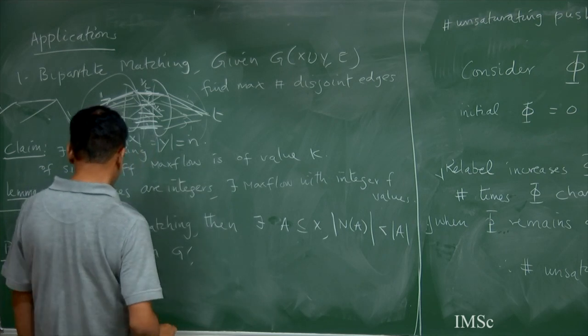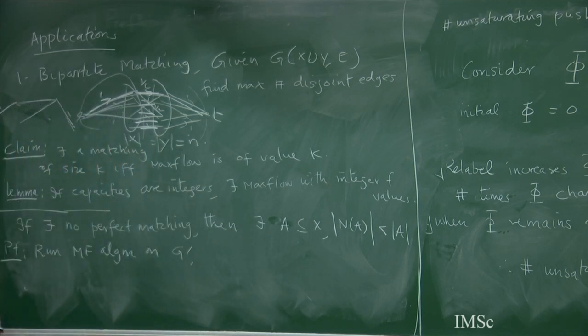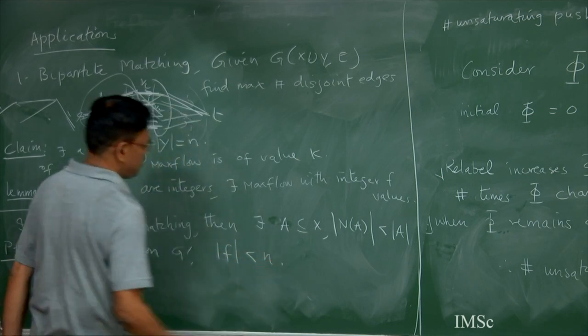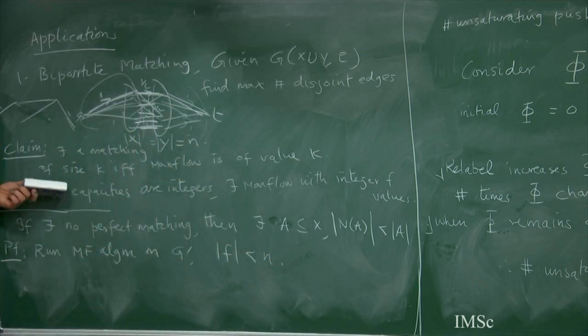And we know that the flow value is strictly less than n, right? Because if the flow value is equal to n, from this claim we have a matching of size n, so there is a perfect matching. So the flow value is strictly less than n.